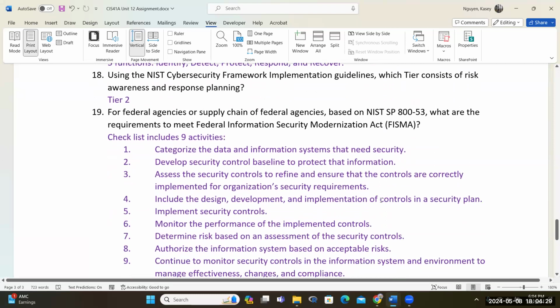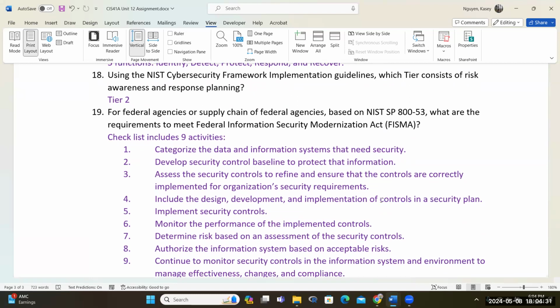So for federal agencies, right? If you're looking at a lot of different organizations related to, whether it's FBI or it could also be a federal system, or an affiliated system or contractor that's working for the federal agency, supply chain for federal agencies, they need to use NIST SP 800-53.